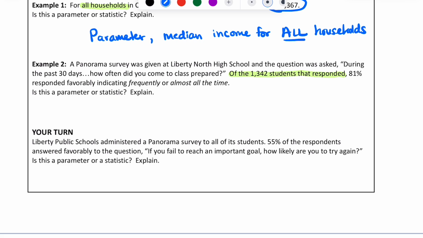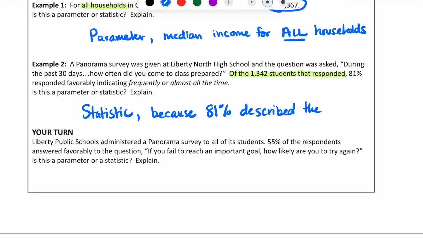And so since it was not the entire student body, this is going to be a statistic. And that's because, I'll write the word because, 81% describes the sample. Another way of saying that, not all students were surveyed.